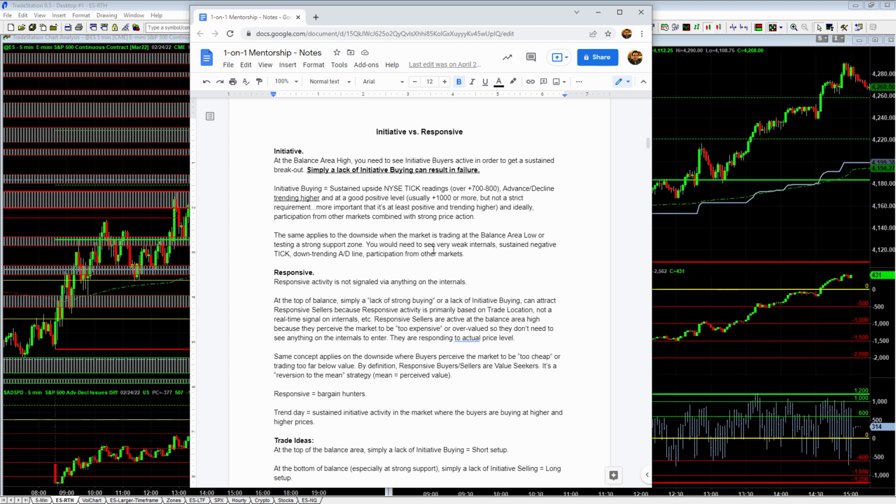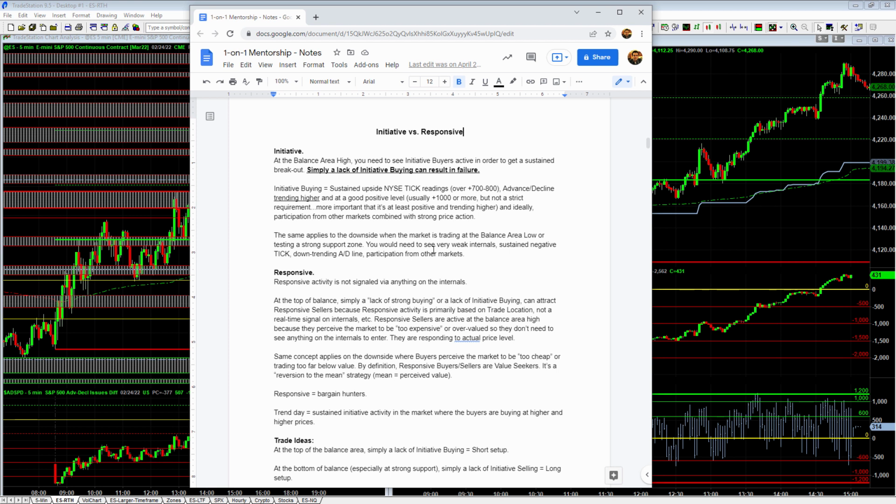selling, right? Responsive activity is the other side of the coin. So responsive activity is not signaled by anything on the internals. When you're at the top of a balance area, simply a lack of strong buying or a lack of initiative buying can attract responsive sellers, because responsive activity is based on trade location, not a real-time signal on the internals.